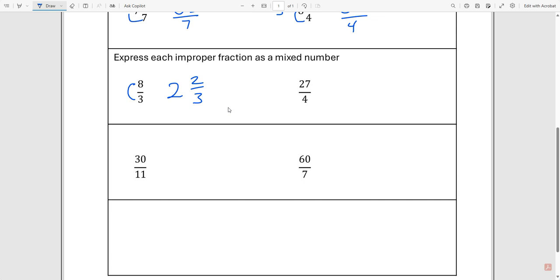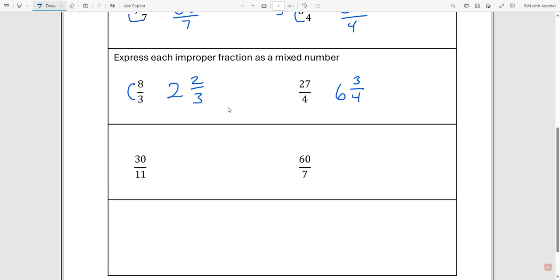And then we have here 27 fourths. So 27 divided by 4 is 6, because 4 times 6 is 24. And then we have 3 left over, and so that'll be 3/4. So 6 and 3/4 on that one.